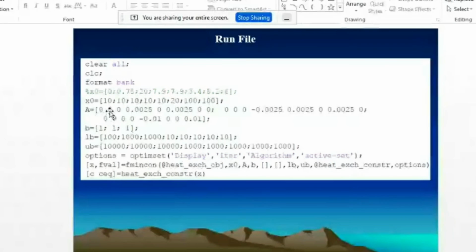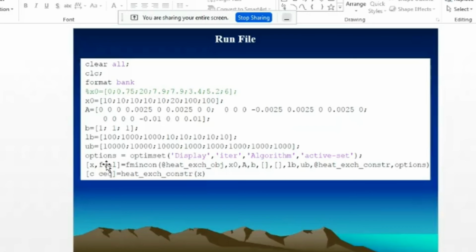So x1 coefficient, x2 coefficient, x3 coefficient, x4 coefficient, x5 coefficient, x6 coefficient, x7, x8 in the first constraint, then coefficients of all 8 variables in the second constraint, then coefficients of all 8 variables in the third constraint, right? Then the right hand side constants vector, that is b, lower bound, upper bound, then options, then syntax, right?